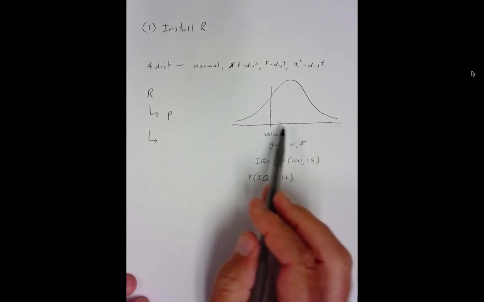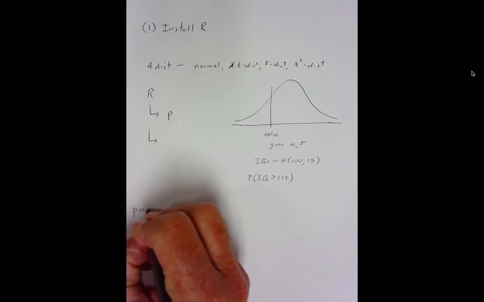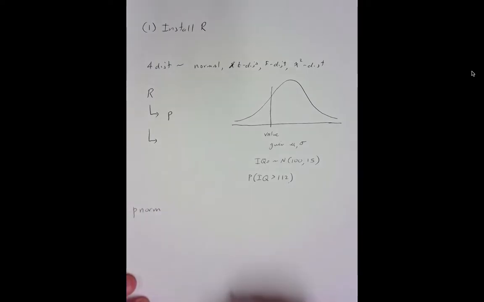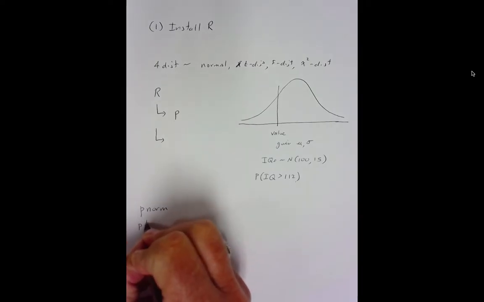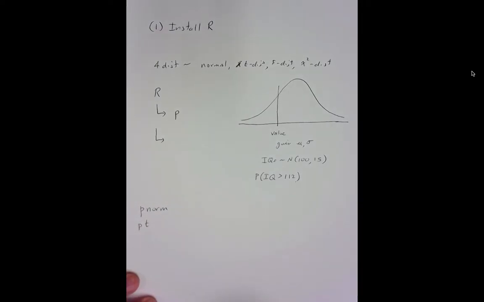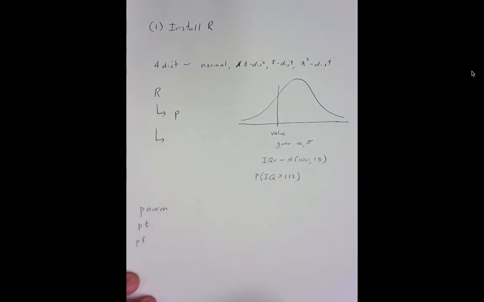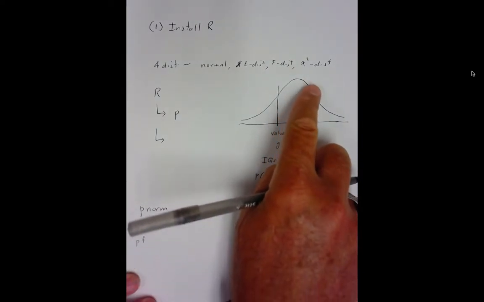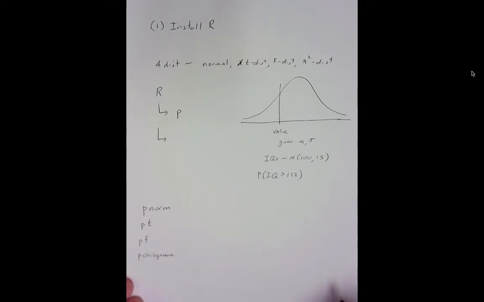Since this comes from a normal distribution, we're going to use pnorm. If we were working with the t distribution, we would use pt. If we're working with the F distribution, we're going to use pf. If we're using the chi-square, we're going to use pchisq.